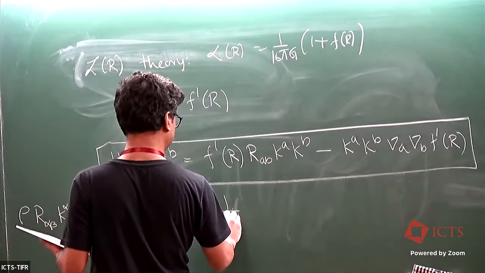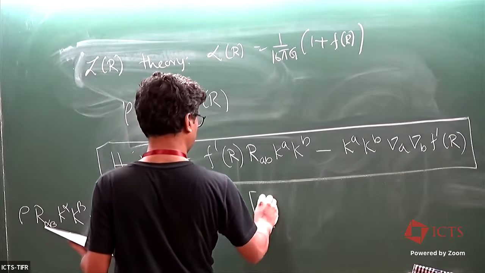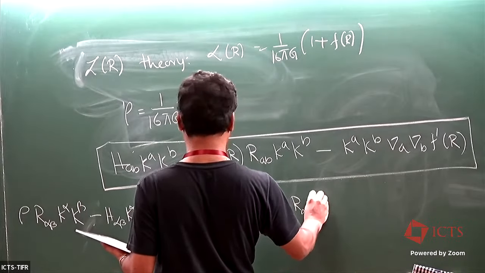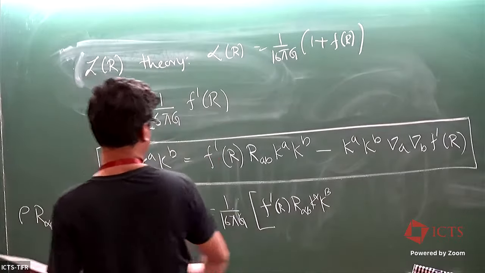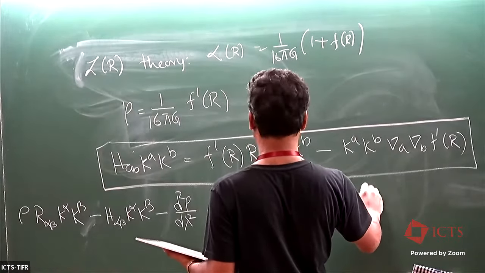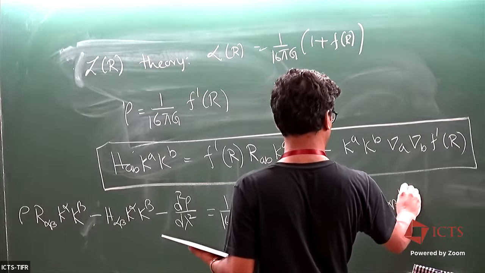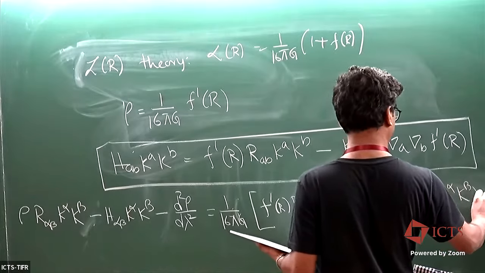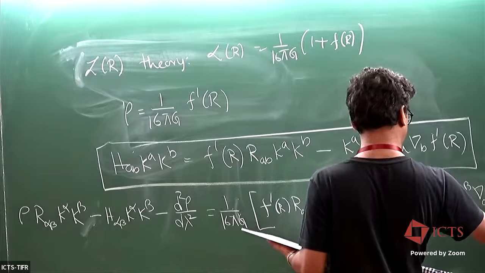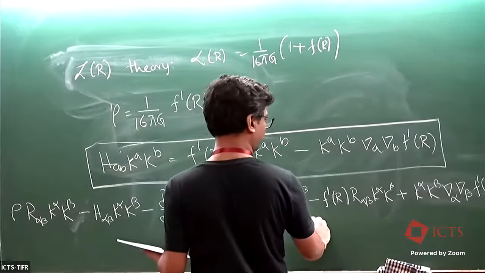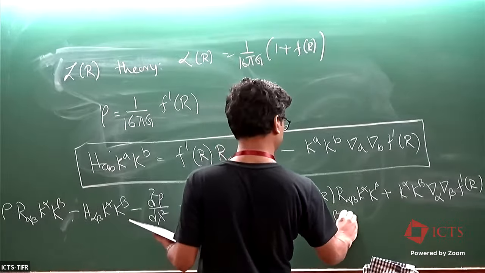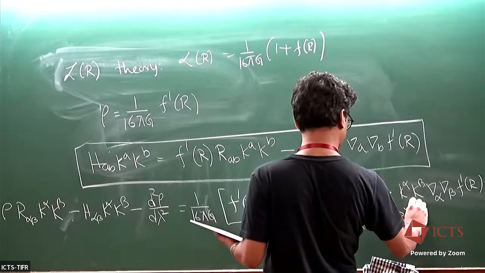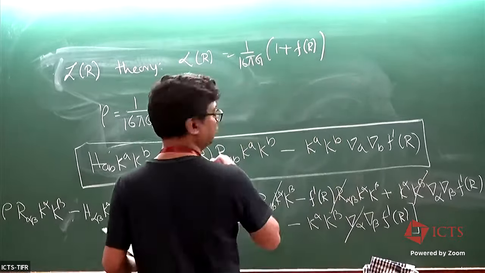It is 1 by 16 pi G, F prime R R_alpha beta K^alpha K^beta, that is rho, and H_alpha beta is minus F prime R R_alpha beta K^alpha K^beta plus K^alpha K^beta del_alpha del_beta F prime R. I've shown you this for affine parametrization. In fact, you can try it non-affine also, everything will work out. And we will have 0.